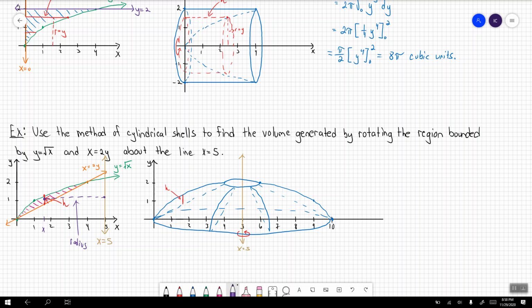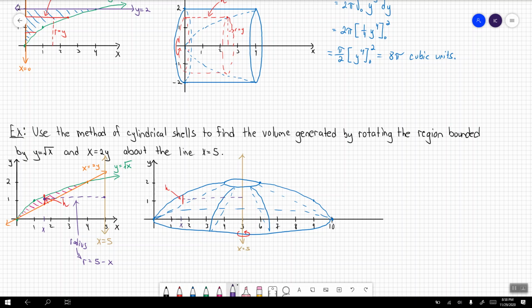Well, how do we find that distance? Anytime that we want distance, and this is a one-dimensional distance, we do right minus left or top minus bottom. So we do right minus left, so x is equal to 5 minus x. So the radius then becomes 5 minus x. And again, that radius is being measured from here, right minus left.